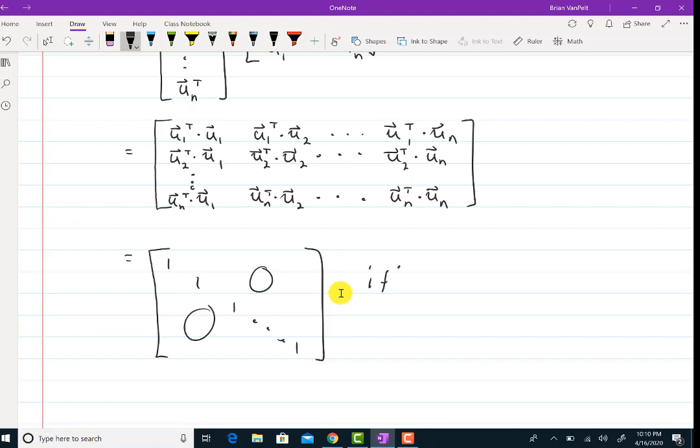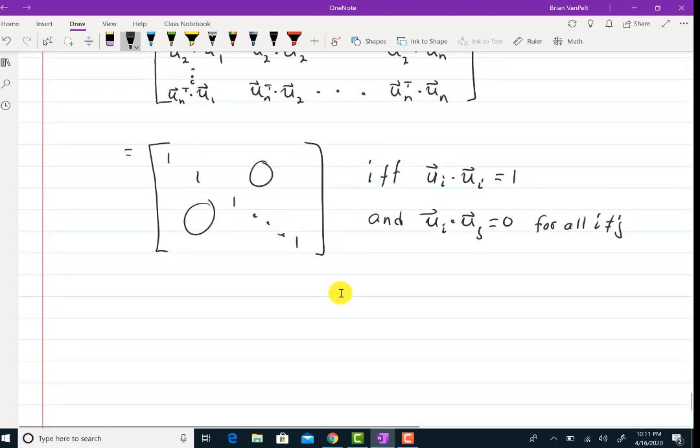This is true if and only if ui dot ui equals 1 and ui dot uj equals 0 for all i not equal to j. So what does that mean then? This is the same as u1 up to un being orthonormal.